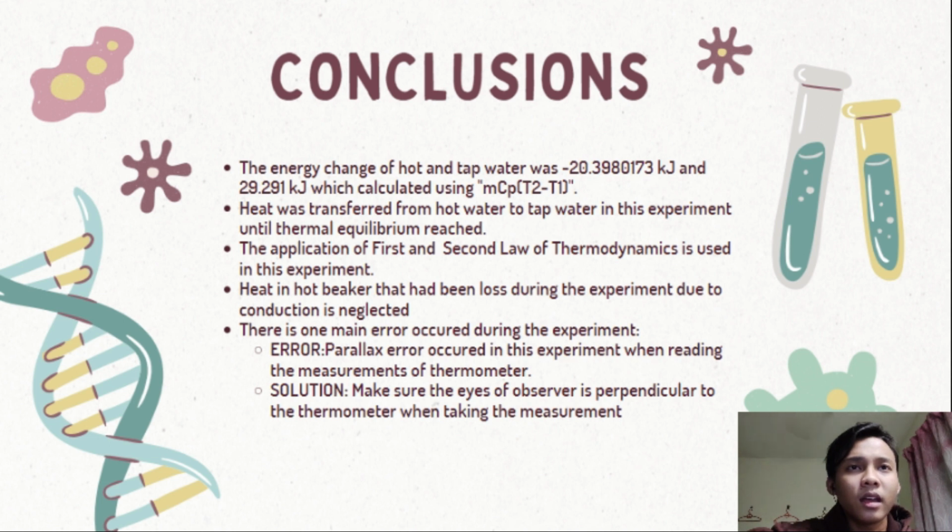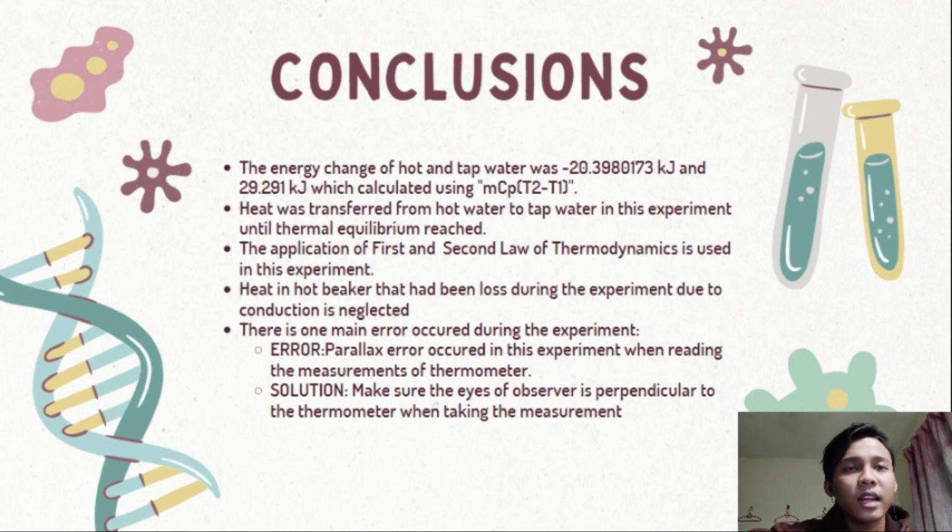And the application of the first and second law of thermodynamics is used in this experiment. Heat in the hot beaker that was lost during the experiment due to conduction is neglected.